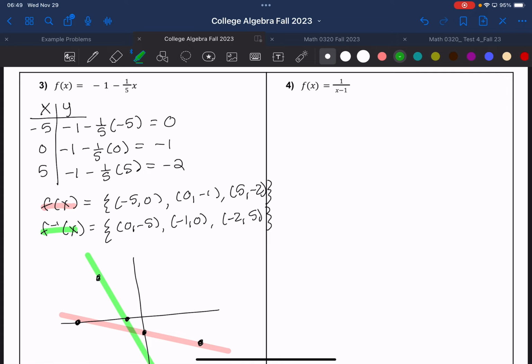It's also a great time to practice using your calculator, plotting these points, putting the information in the calculator and see if you get matching data.